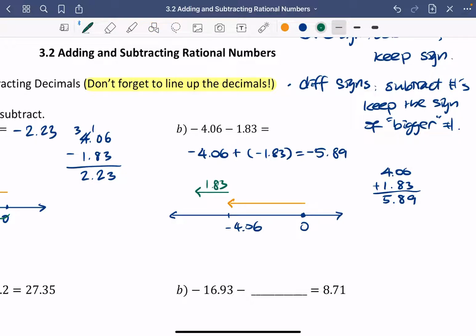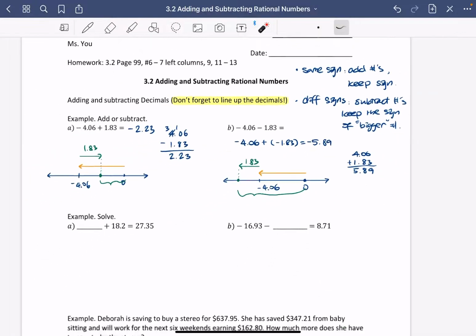Okay, and so you get to this new number. And so to find this number, you want the total distance between this point and 0. And so how do you find the total distance between this point to 0? Well, you can see this point is basically this distance plus the green distance altogether, right? So that's why we added 4.06 and 1.83 to get to 5.89. So this point is 5.89. And because it's on this negative side, we add the negative in front. Okay, that's by using a number line.